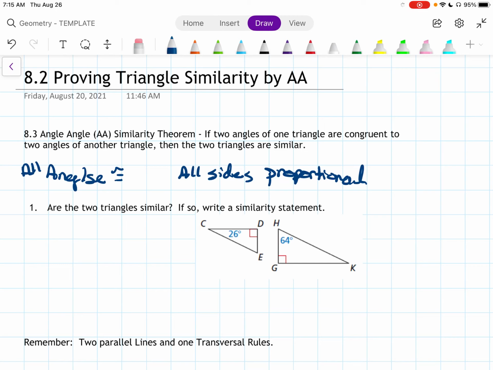Okay, those are the original requirements for similarity. AA is a shortcut for it, okay? So we don't actually have to check the sides at all, and we only have to check two of the angles. Right. We know that because it's a triangle, if we have two angles, we could find the third angle. But we don't need to do that for this.